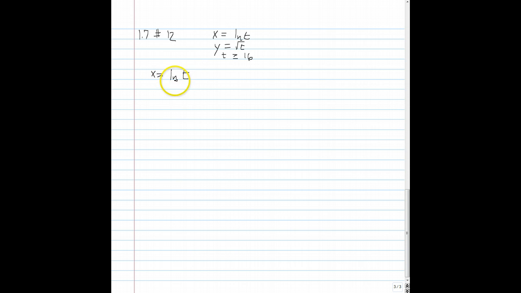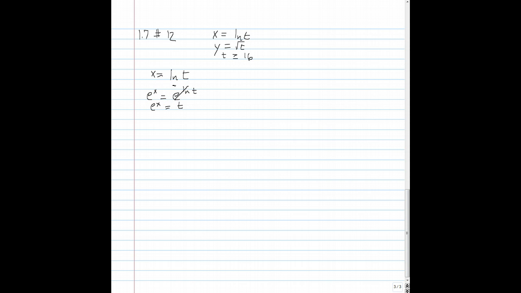So to eliminate this natural log, what we have to do is e to the power of each side of this equation. So e to the x is equal to e to the natural log of t. You should have learned this in pre-calculus. So the e and the natural log cancel out, and that leaves us with t equals e to the x.